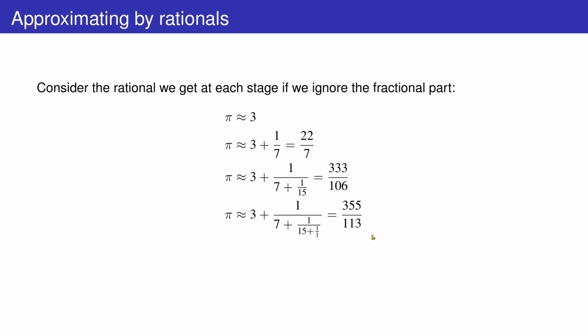Another step further, and a further step again, now ignoring the fractional part of this last stage and simplifying this to a single fraction, we get 355 over 113. This turns out to be an extremely good approximation of pi.